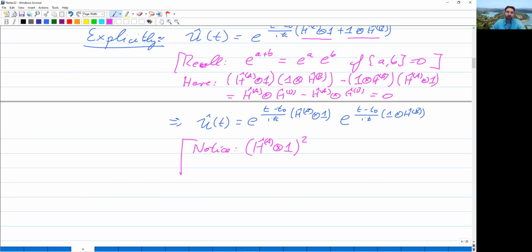Well, here we don't have to take the square of it. We have to exponentiate it. But exponentiating an operator consists of taking all sorts of powers of it and then adding them up in the series, right? So in particular, the square will become important.